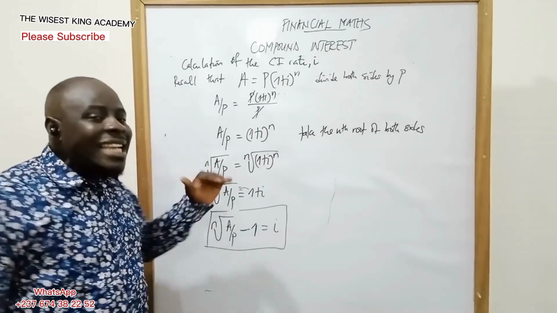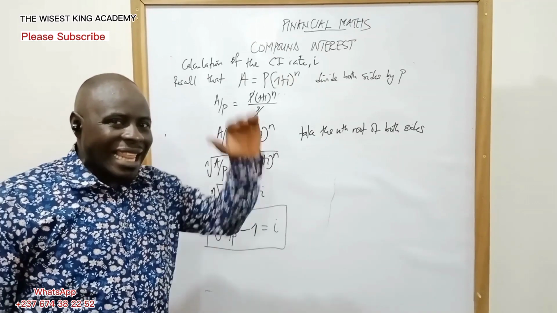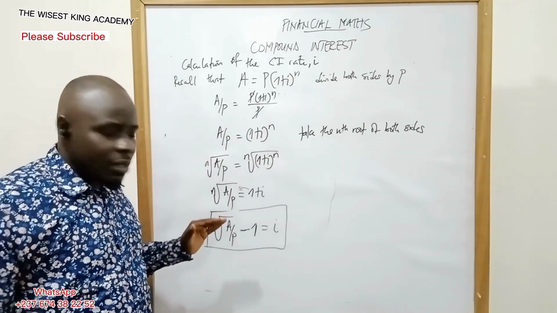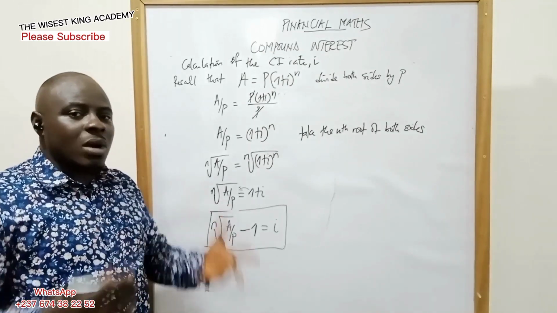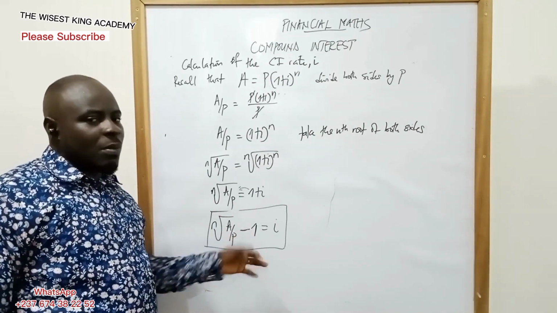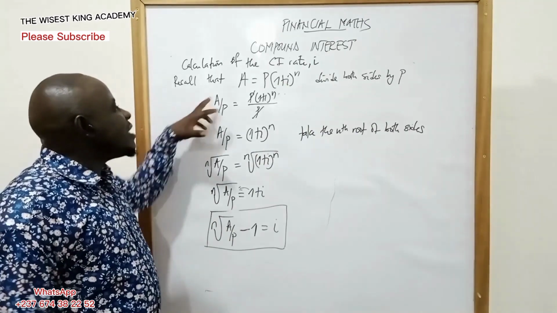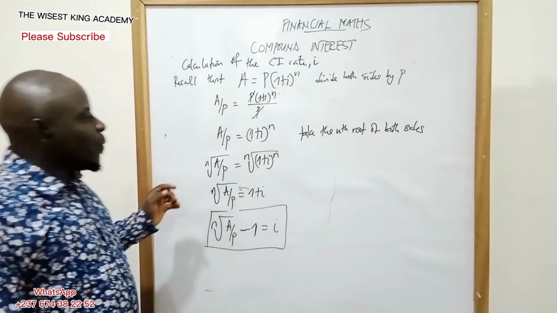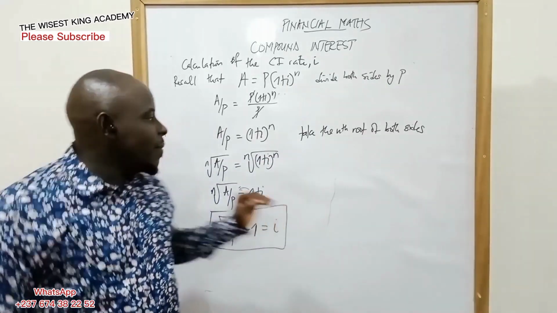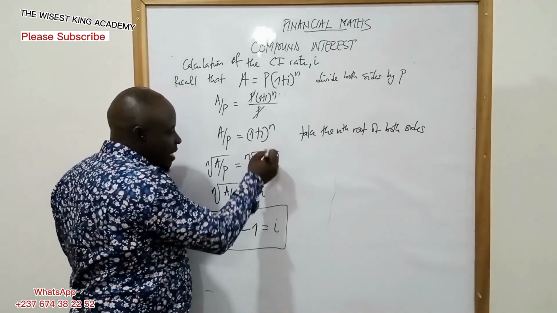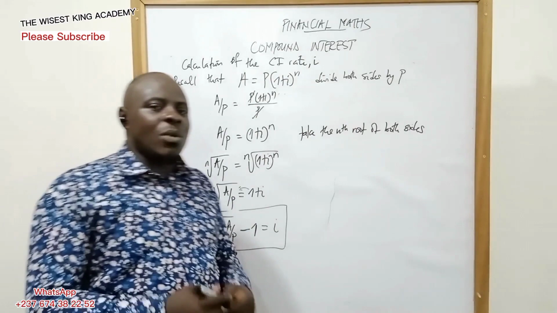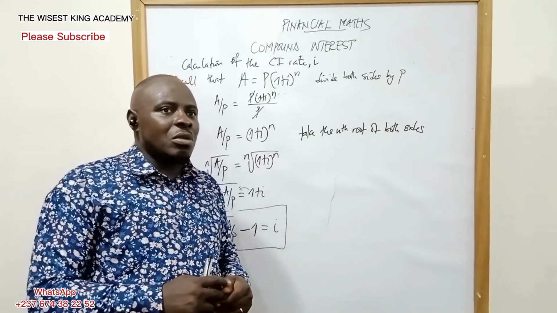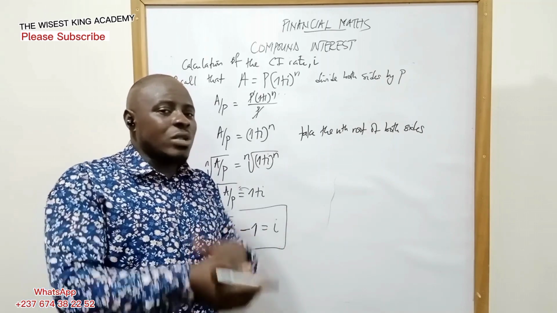Please, these are steps to follow, and nothing more. They are steps. It is not that if you are asked to calculate, you just put down this formula and you calculate. No. Immediately you put this down, as you're solving, you discover that you're going through these steps. Now, there is a case where the power is negative, for example, you have been given the acquired value, you have been given the duration, and you have to discount.